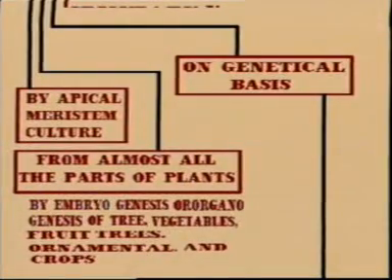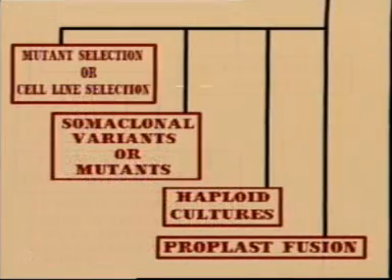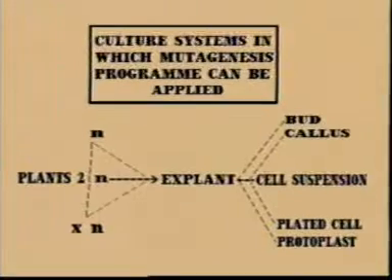So far, 4 different in vitro techniques have been applied on a genetic basis for the improvement of crops. That is, first, mutant selection or cell line selection. Secondly, by getting somaclonal variants or mutants. Third, by haploid cultures. And fourthly, by protoplast fusion.